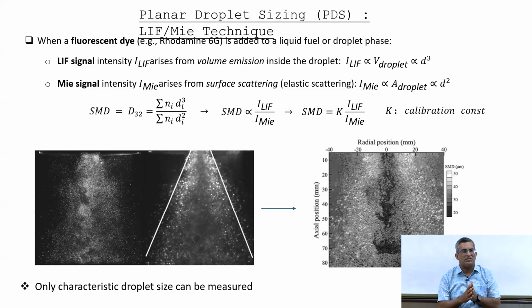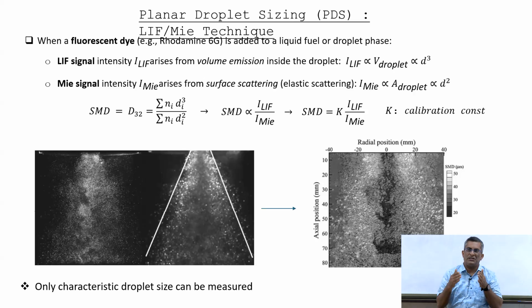distinctly because the wavelength of the fluorescence light is red shifted, which means that it will be around 550 in this case if you use rhodamine dye, rhodamine 6G. Then by putting a suitable filter, we can capture the fluorescence image only.